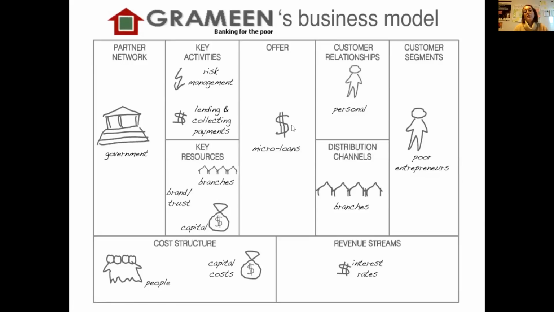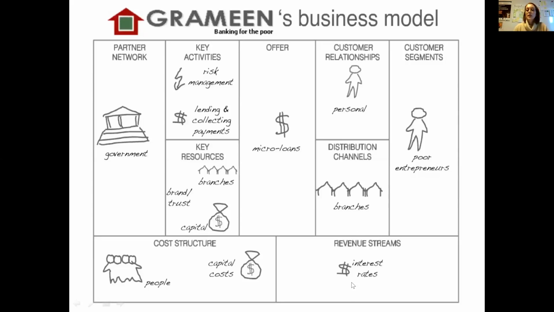So the basic value proposition we have here are microloans provided to poor entrepreneurs, and we have branches to reach our customer segments. And again, we are talking about poor people who have limited, almost no access to any other channels, so we have personal relationships with them.